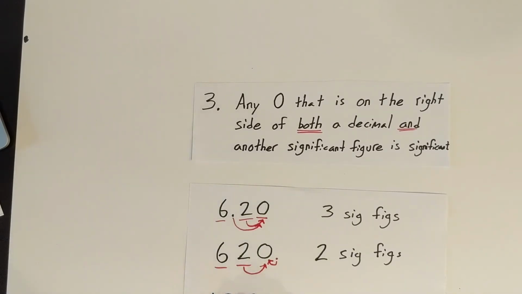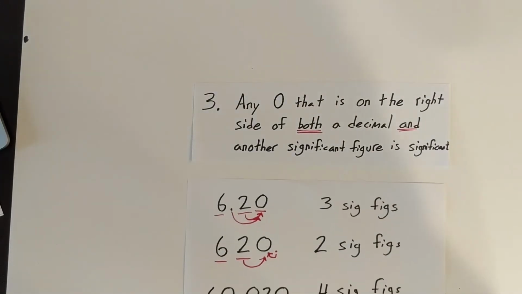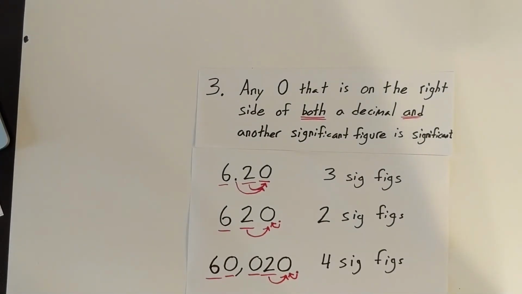And these would, because they're sandwiched in between 2. This 0 is on the right of a significant figure, but again on the left of the decimal. So that would be only 4 sig figs. And I apologize, I just did that one all off camera, so I'll move it up.